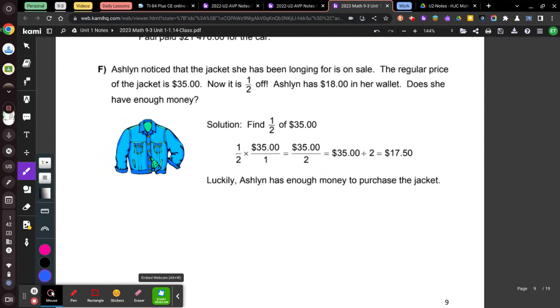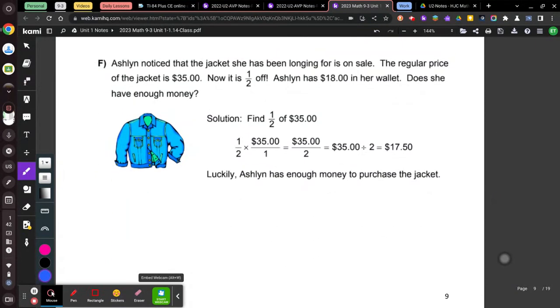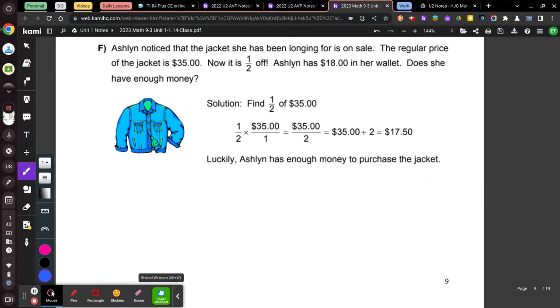Okay, letter F. It says, Ashlyn noticed that the jacket she's been longing for is finally on sale. The regular price is $35 and now it's half off. If she's got $18 in her wallet, does she have enough money? Well, we're going to find half of $35.